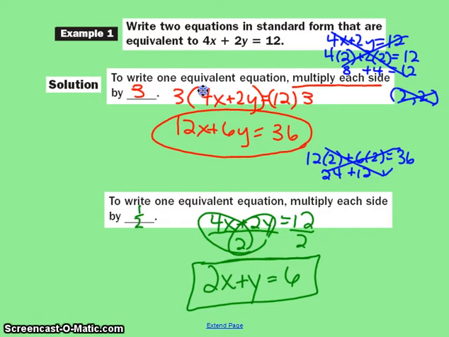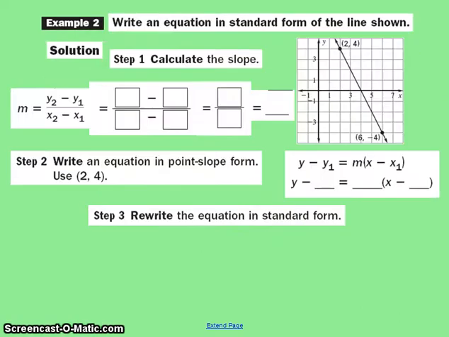Now remember that ordered pair 2, 2 we found to work before? It's going to work in here too. I plugged in 2 for the x and 2 for the y, and I'm still going to get an equation that works. Now again, you don't have to do this. I'm just showing you how this works out. I am going to skip the checkpoints on your notes because obviously you don't need them.